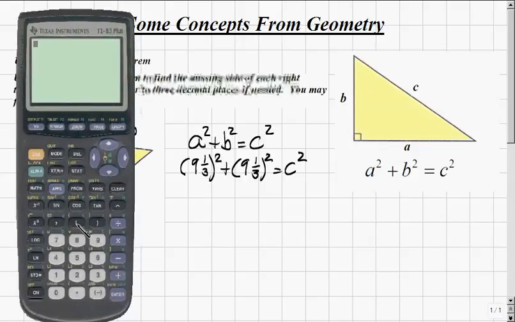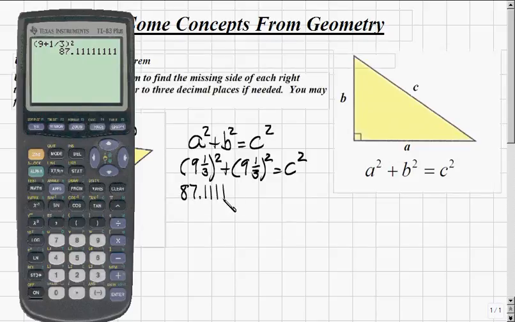So we'll enter in parenthesis 9 plus 1 over 3. 9 and 1/3 is interpreted as 9 plus 1/3, parenthesis squared. This becomes 87.1 repeating. So we'll write here 87.111.